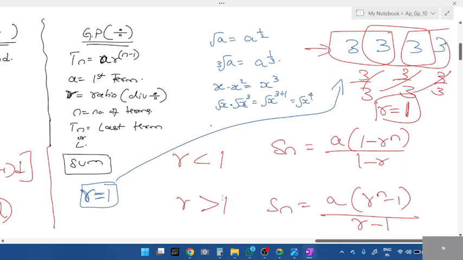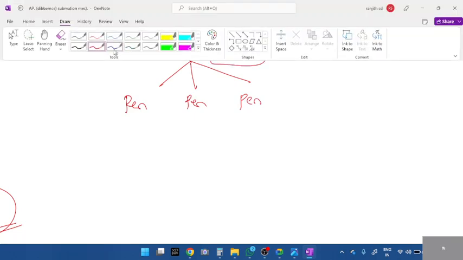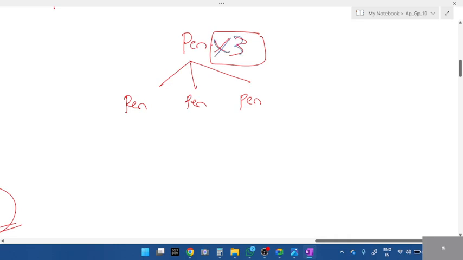The meaning of GP, look. Example, 1 pen. I'll multiply this 1 pen into 3 so that I get 3 pens like this. The actual concept of GP is, whatever you multiply initially, 1 pen, you multiply into 3, it becomes 3 pens.